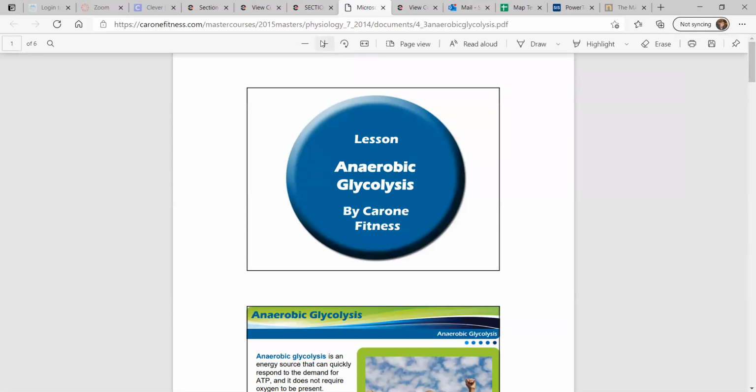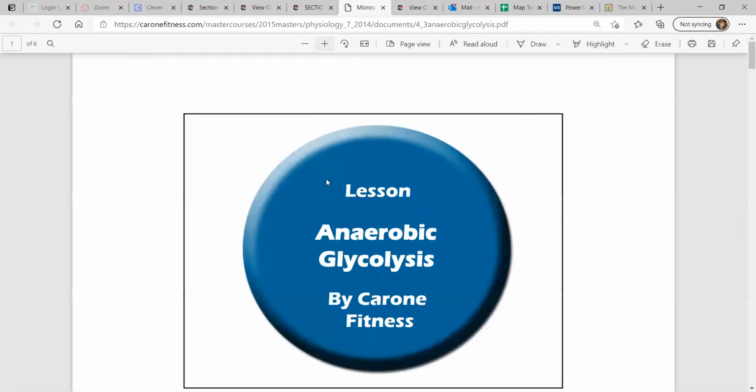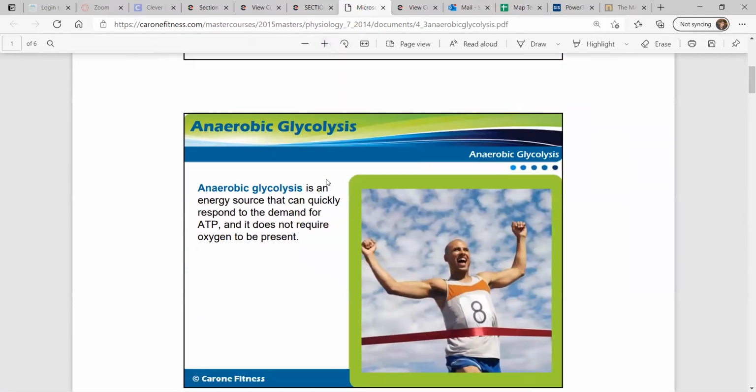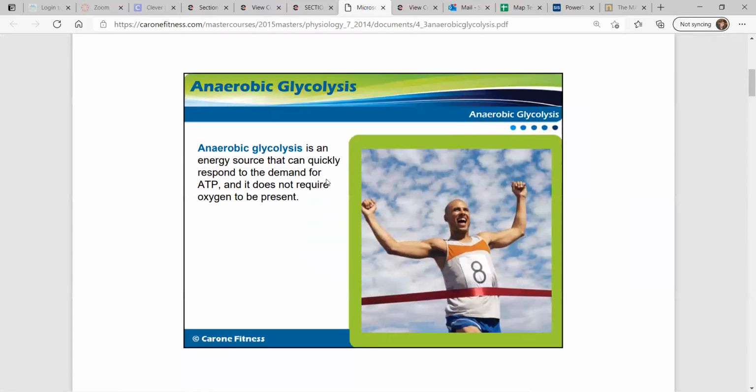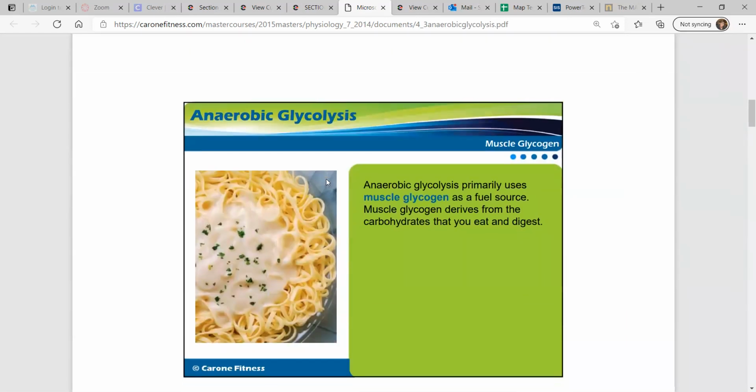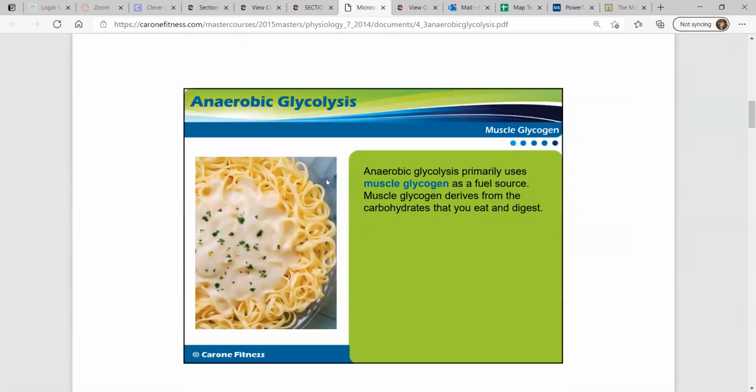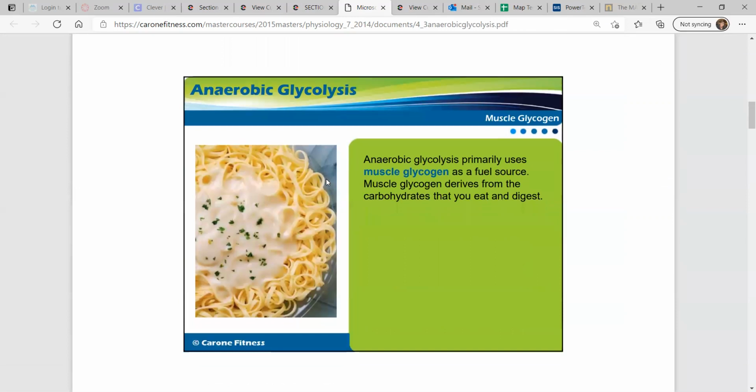Then there is the anaerobic glycolysis. That is a system that can quickly respond to the demand for ATP, and it doesn't require oxygen to be present as well. Anaerobic glycolysis primarily uses muscle glycogen as a fuel source.